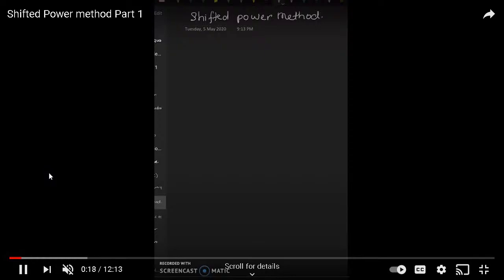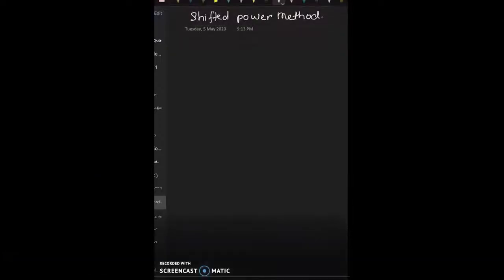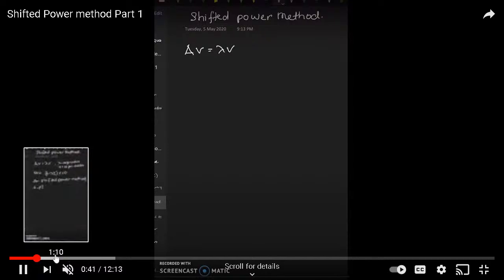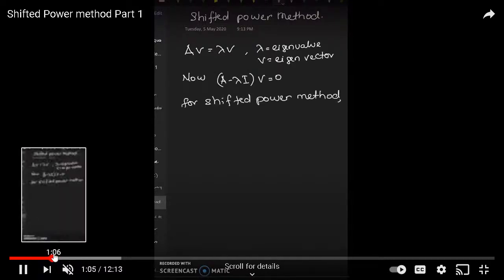I know you are not quite familiar with the table. However, the process to generate lambda 3, the minimum eigenvalue, is similar to AV equal to lambda V. And from the power method, you know (A minus lambda I)V equal to 0.